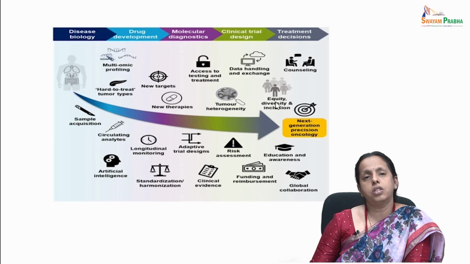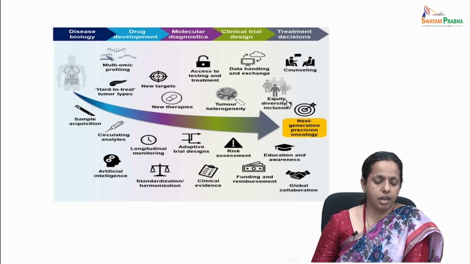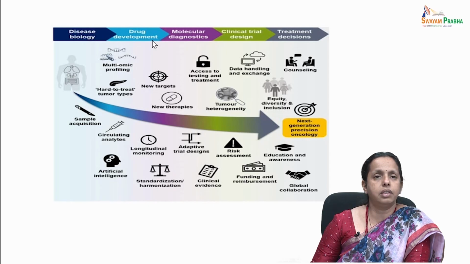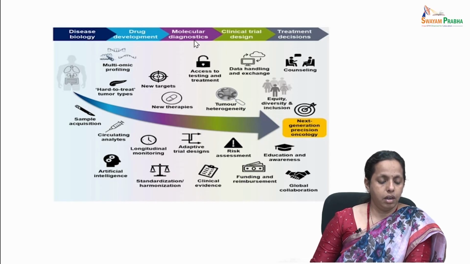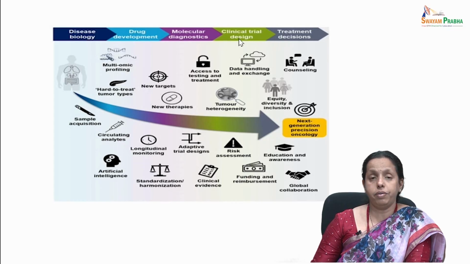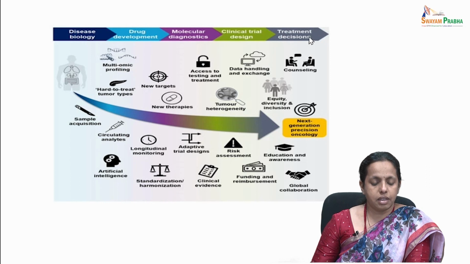This whole treatment strategy should be given to all strata of people, and then you counsel the patients. This is the disease etiology, then you have drug development, molecular diagnostics, and the cancer clinical trial design. We will talk about the clinical trials in detail in the next class, and the treatment decisions.